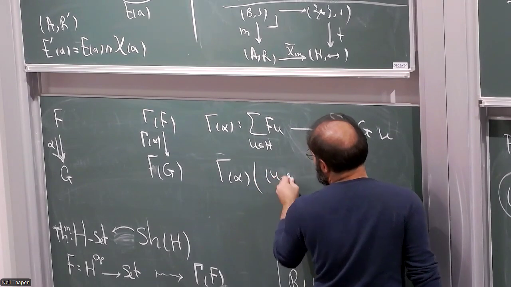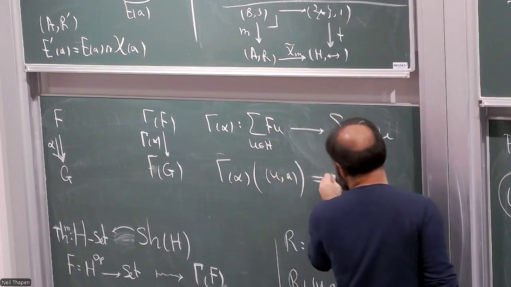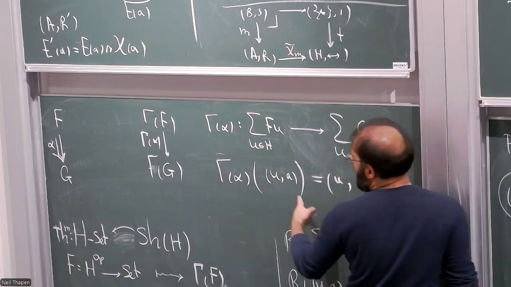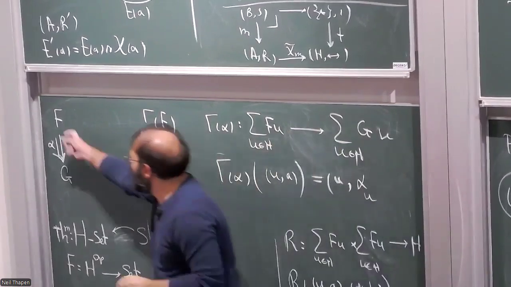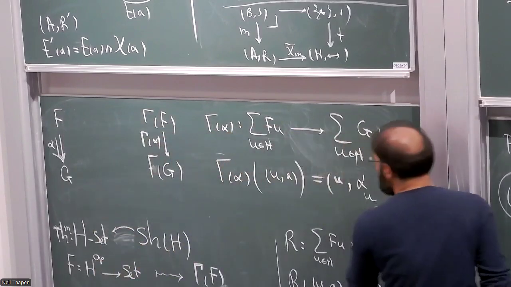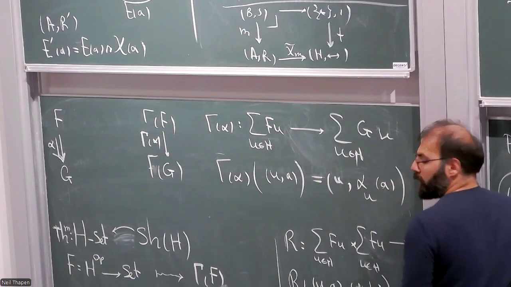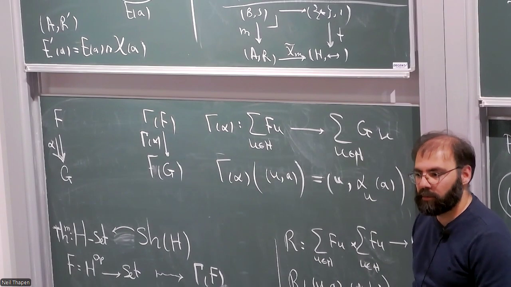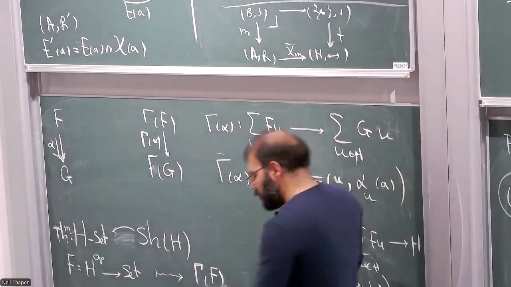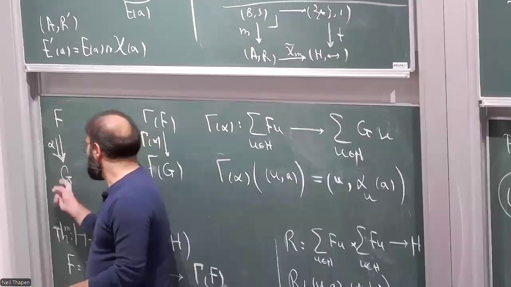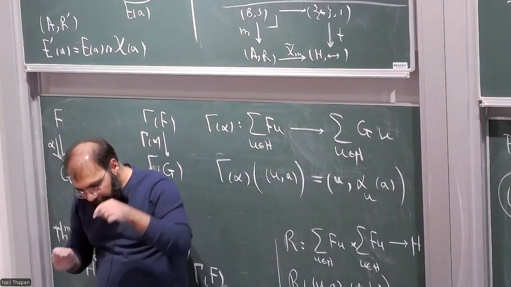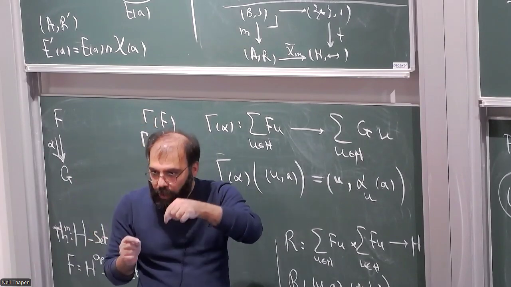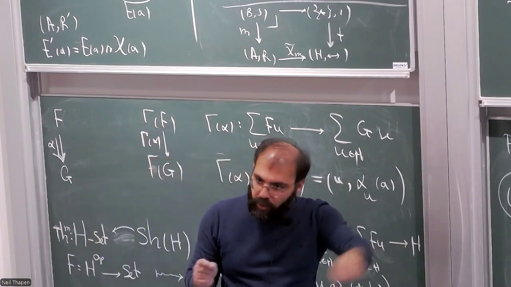You have U, A, and you define simply the same U, but you apply your alpha U that goes from F of U to G of U on A. That lands in G of U. So too abstract, I know, but this simply says that these two guys vary over H. This alpha says that for any point, you know how to go from F to G. You have a function.